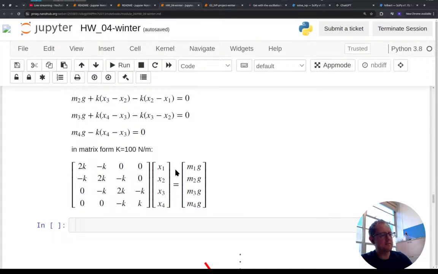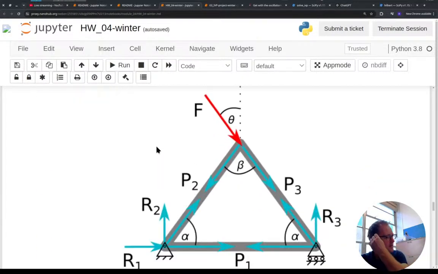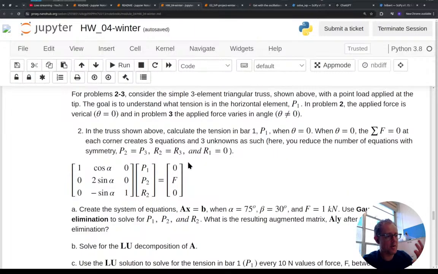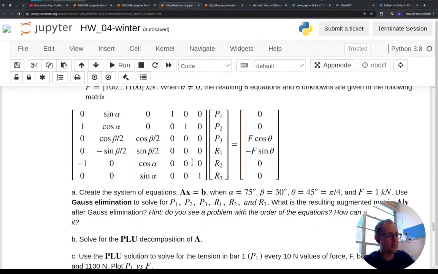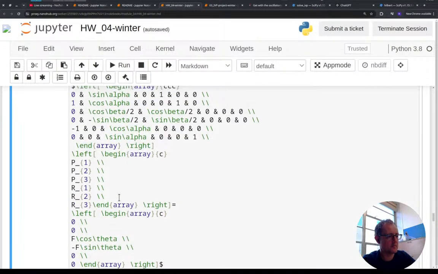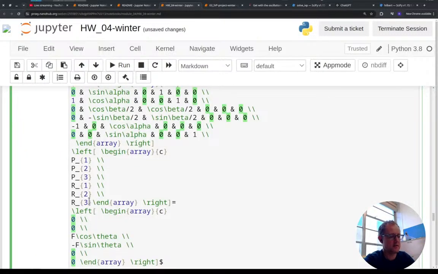And this one, it seemed like people were able to build the matrix pretty well. This truss, part one, seemed like it went pretty well. What I'm going to do here is split that.